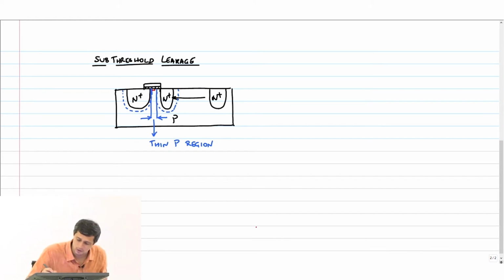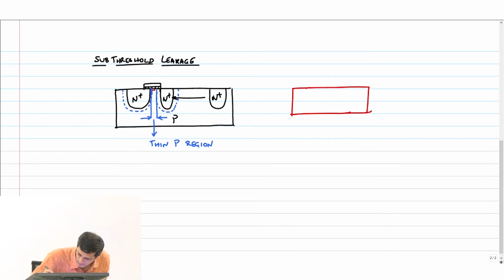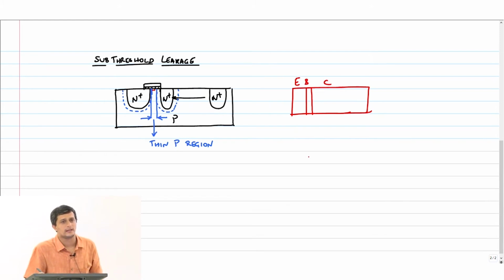But it turns out that if you take a bipolar junction transistor that looks like this, you have an emitter, you have a very thin base, okay, emitter, base and collector, then you could have injection of electrons from this emitter to the collector through that thin base. Now this is a property of the base being very thin, okay.